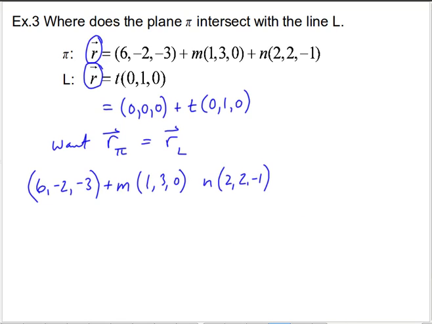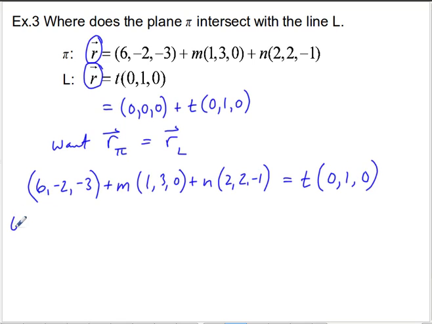And we want that to be equal to t times 0, 1, 0. In doing that, we're going to be able to form a system of equations. That system is going to be 3 equations, and that's good because I've also got 3 unknowns here. So the x coordinates have to match up.